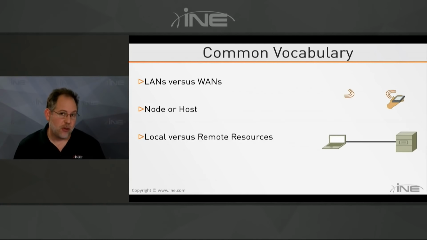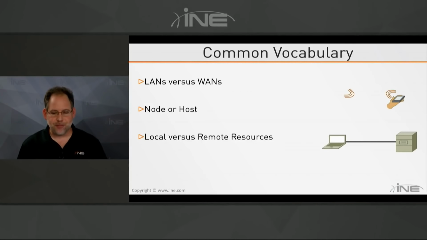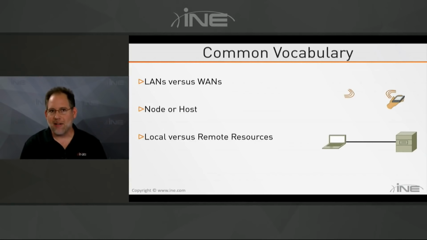Now, what's a remote resource? Well, a remote resource is just the opposite of that. A remote resource is something you're using that's only reachable across the network. For example, if you are printing to a Wi-Fi printer, you don't have a physical cable to the printer, it's in the next room and it's available via Wi-Fi. That is a remote resource.